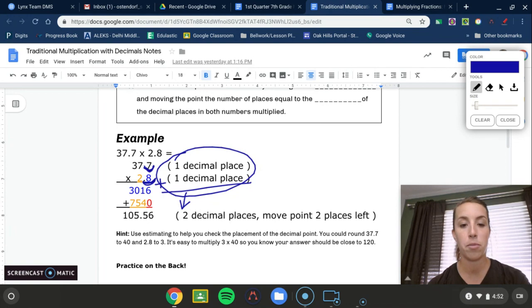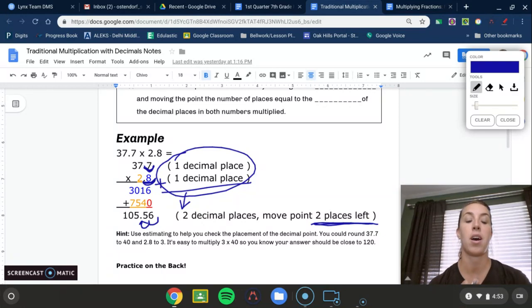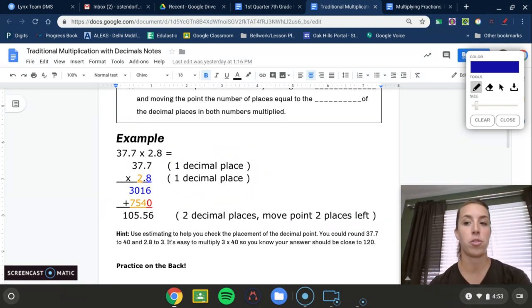Because I moved them 2 decimal places, I then move my decimal point 2 places to the left. So if I start from the right, I will move it 2 places to the left, and that's how I get 105.56.